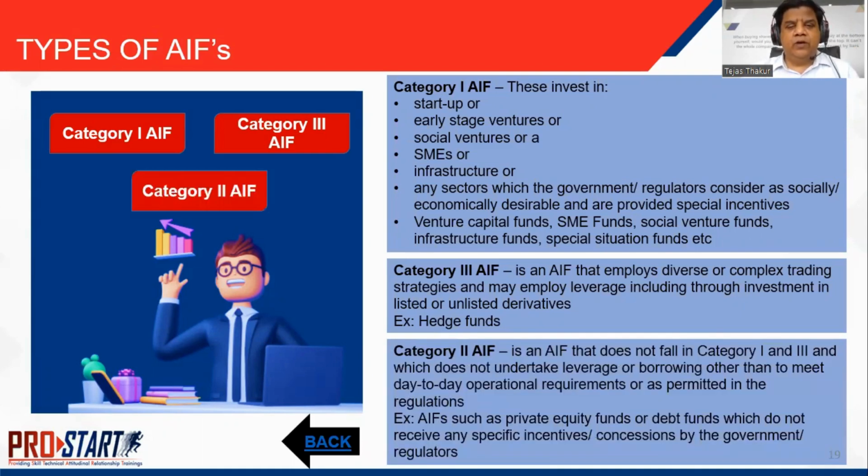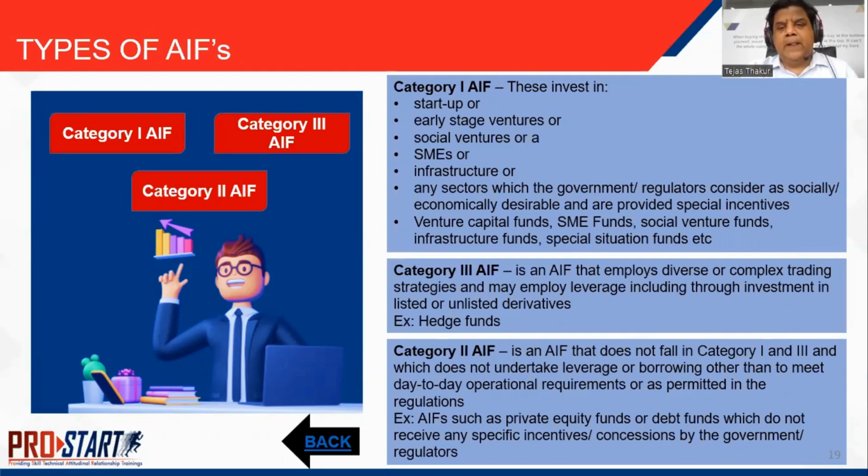Coming to category 2 now. Category 2 is very simply defined as something which does not form a part of category 1 or category 3 AIFs. Plus, they do not undertake leverage or borrowing other than what is required for day-to-day activities, or as permitted by the regulator, and also they don't do any derivatives.